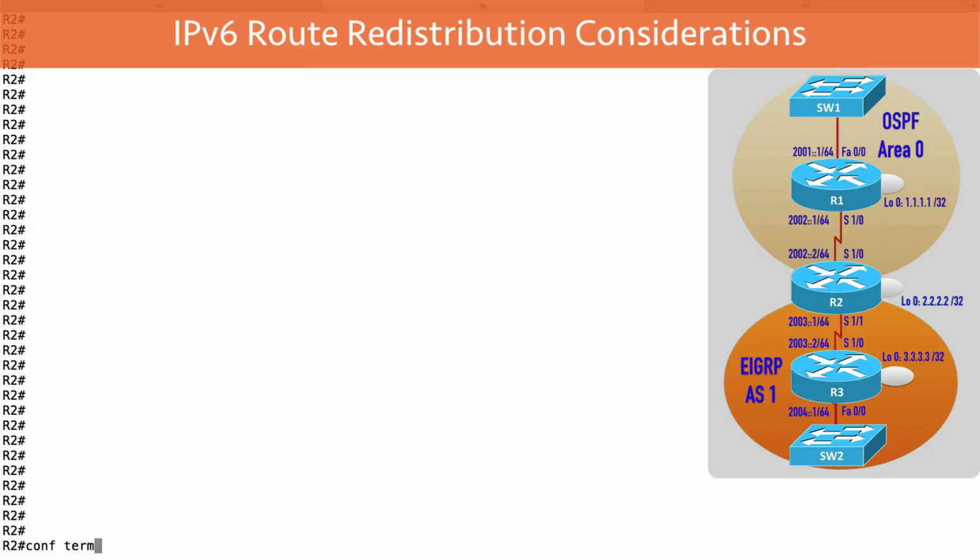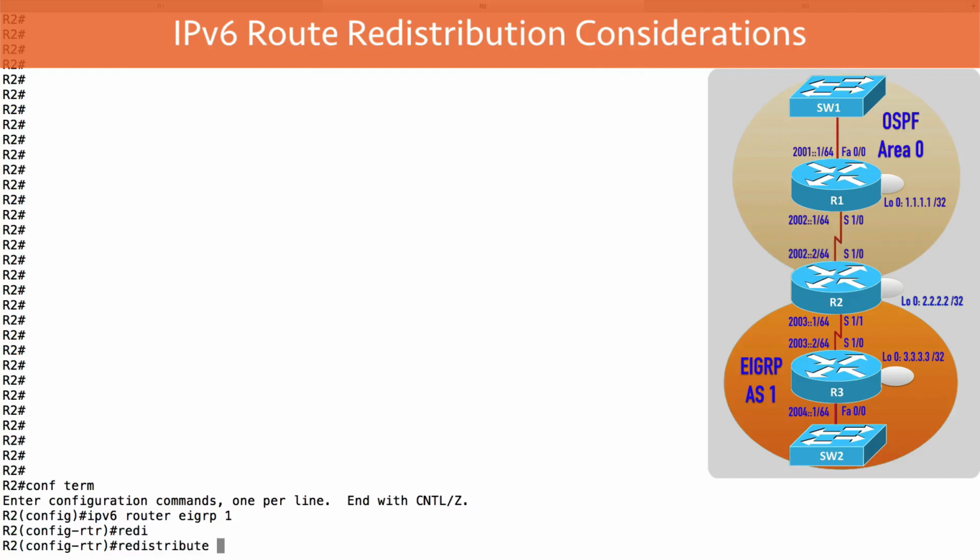Let's go into global configuration mode and then into IPv6 router EIGRP configuration mode for autonomous system 1. And let's say that we want to redistribute into this EIGRP autonomous system our OSPF version 3 routes. Let's give the redistribute command. And I'll say I want to redistribute OSPF process ID 1, and I'll set the metric, because remember the default metric for EIGRP is infinity.